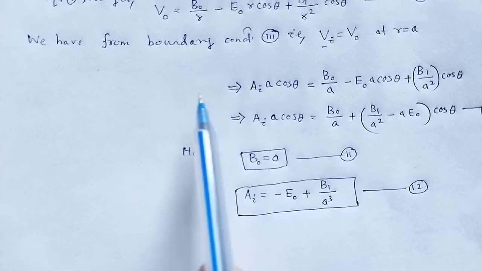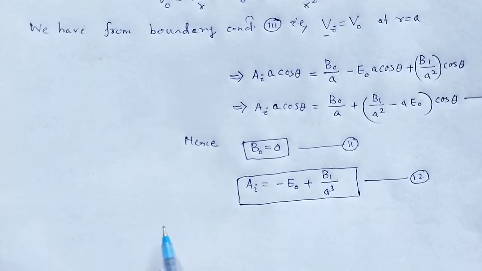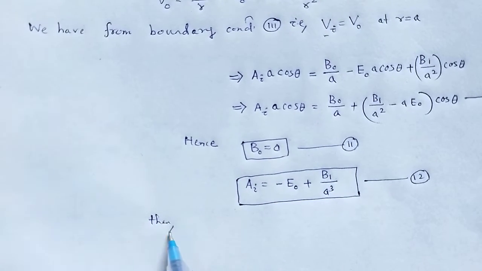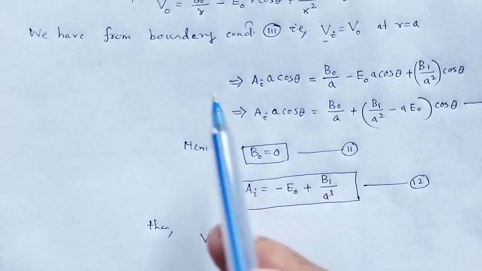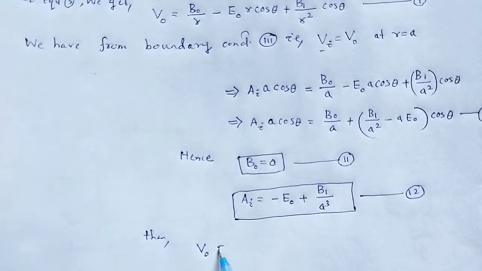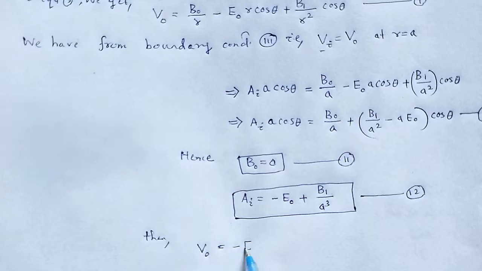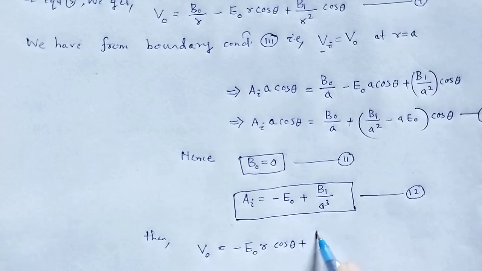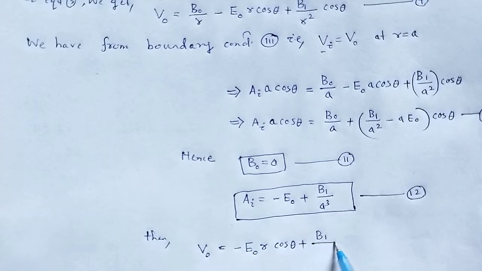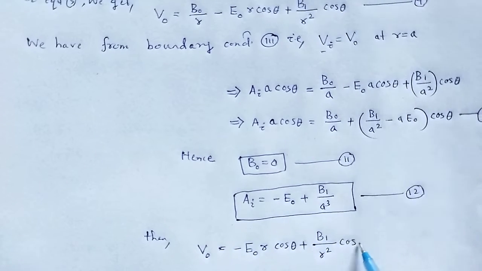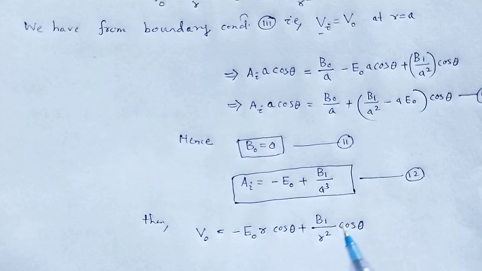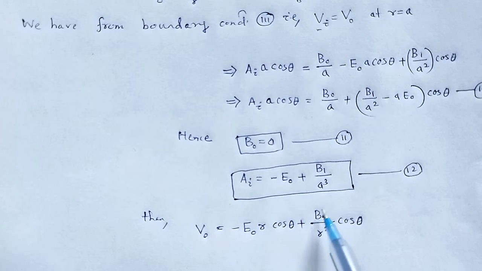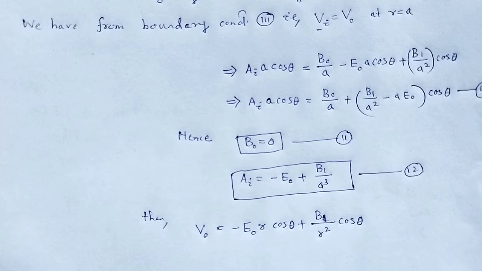Then V naught changes to, then we can write the value of V naught. V naught is equal to minus E naught r cos theta plus B1 divided by r square cos theta. Again a constant is here, that is B1.